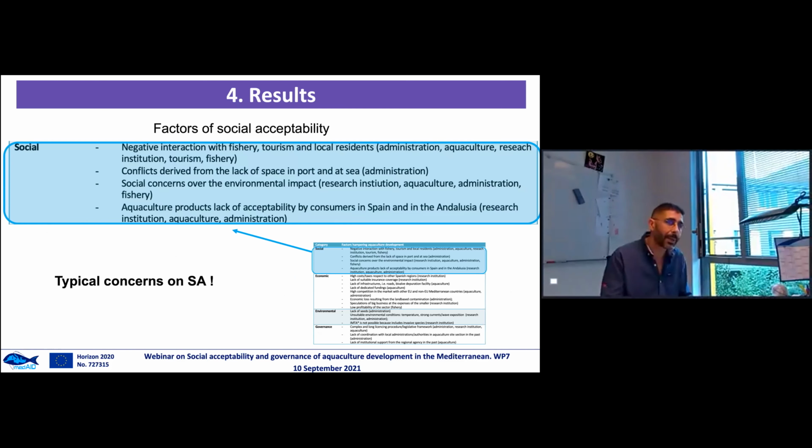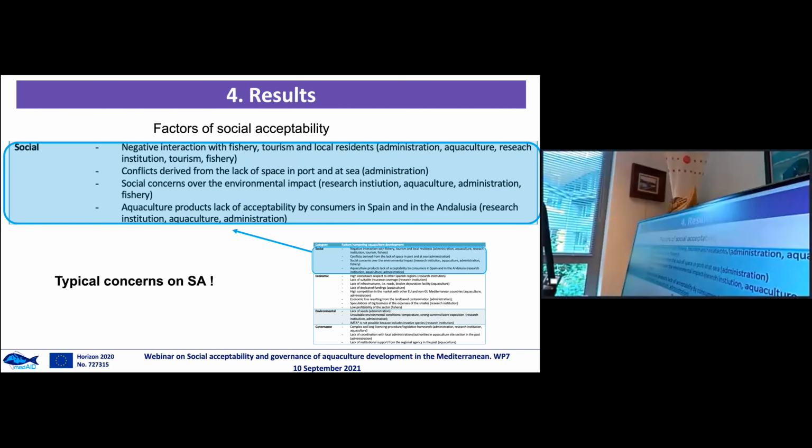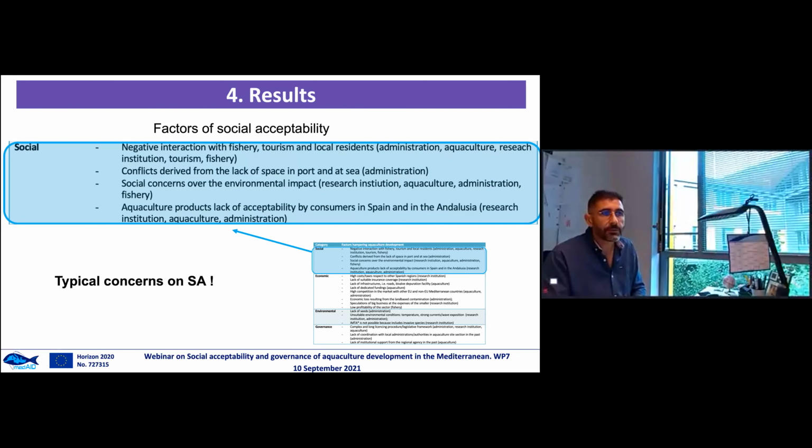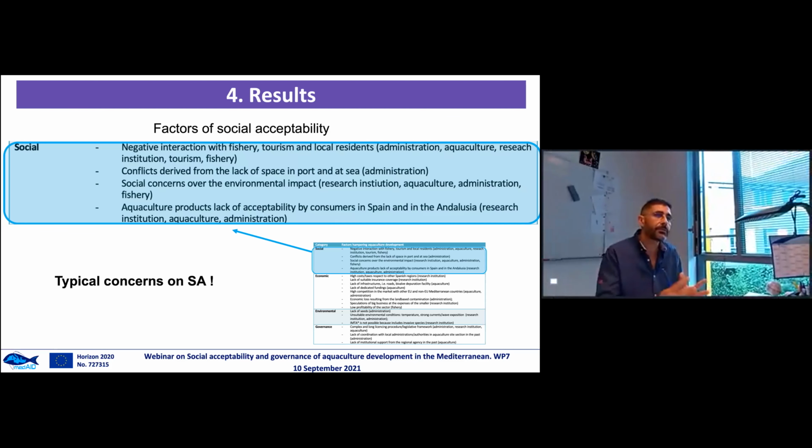these are the factors of social acceptability. Aquaculture development is not just a question of social acceptability, there are also economic issues that play a very important role. We are not going to see in detail the diagnosis, but let's have a look at the social dimension.